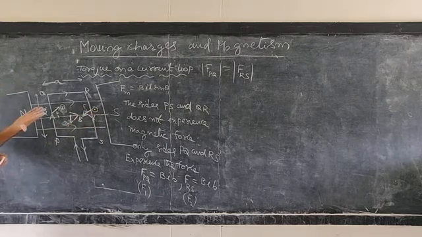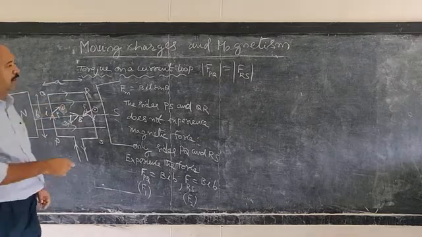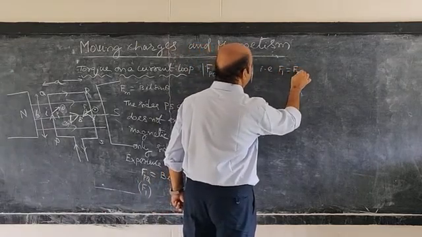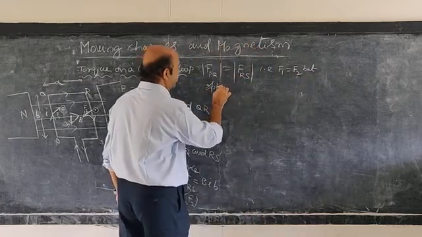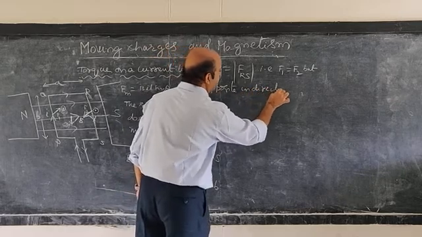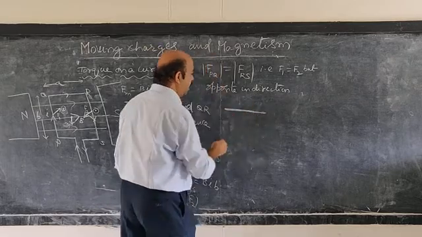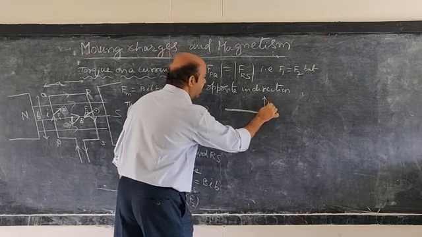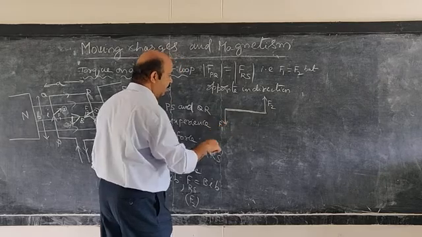According to our right hand palm rule, it will be outwards here and inwards here. So F1 is equal to F2, but opposite in direction. If this is the coil, the force on this side is F2, and on this side it is F1.